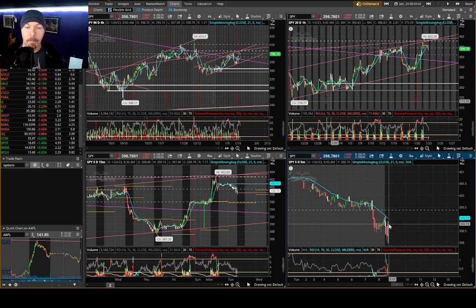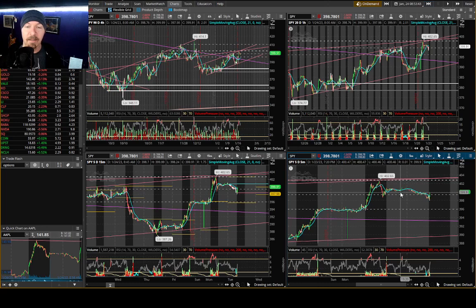But if we see a rejection up off of these levels here, then we may need to invalidate our bullish thesis and start looking for opportunities to the downside. Again, with these levels marked here, I might be looking for a move down to 395. We'll take a look and find out what happens. All right, we're going to add 10 more minutes to our chart and see what happens next.